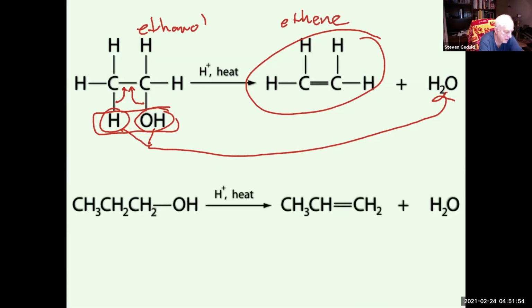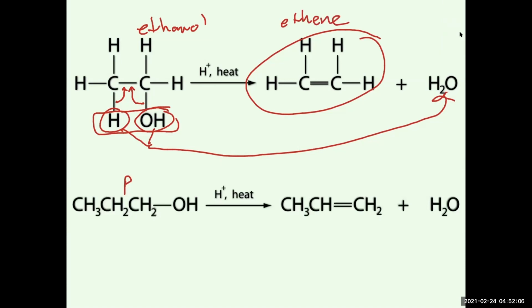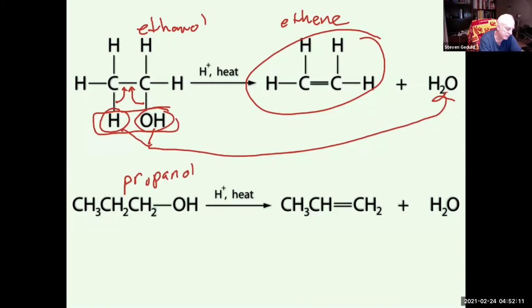Let's see. Name the reactant we're starting with. What's our reactant? I'll give you a hint. It starts with a P. Propanol. Perfect. Propanol. And it's a dehydration reaction, so you can write it out a little bit differently.